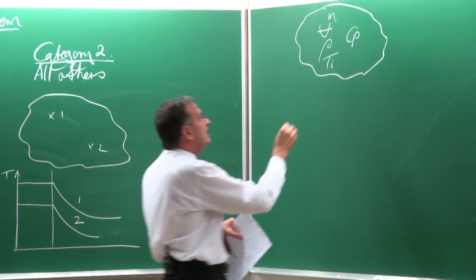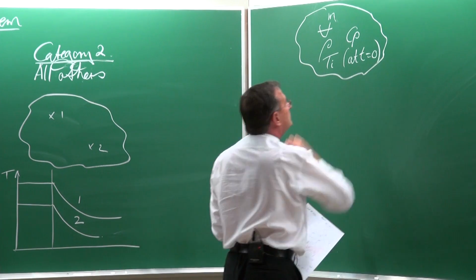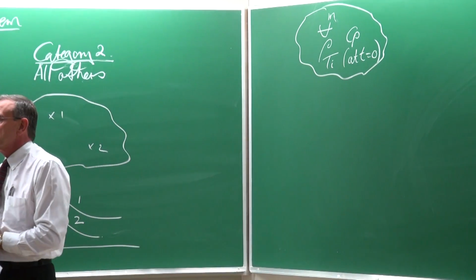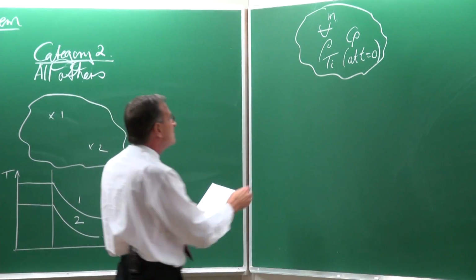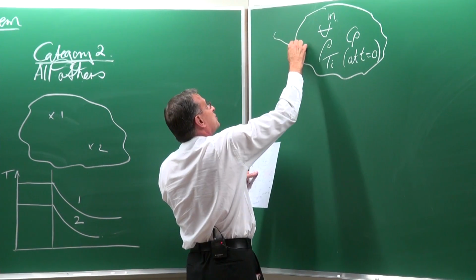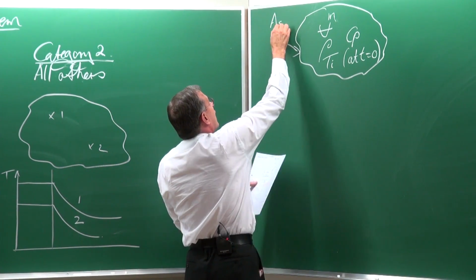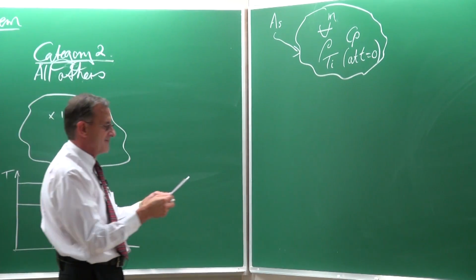So Ti is the temperature at t equals 0. And on the outside, we've got the outside area, which is the surface area As.